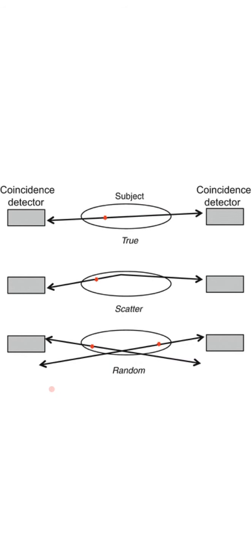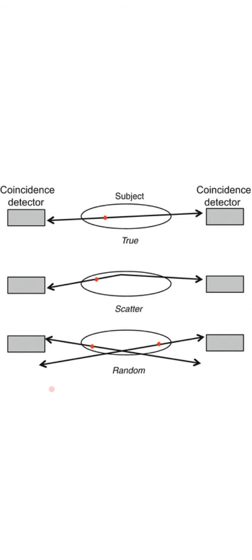So since we just talked about the different types of events, I wanted to show this slide to just remind you, and we can talk about it. So in theory, true events are the only actual type of event or count we would want in our image. But we know that's not the case. We do have scatters and randoms.